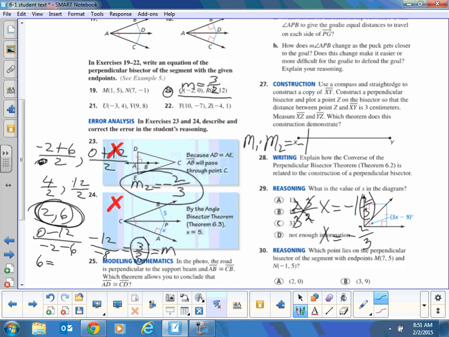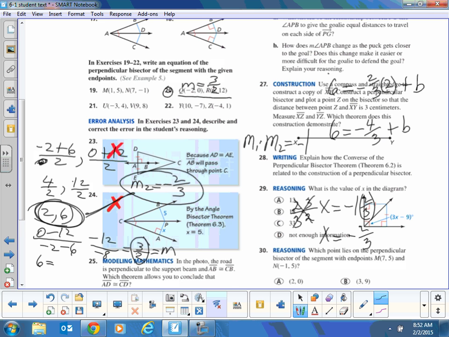Y, which is 6, equals m, which is negative 2/3, times x, which is 2, plus b. 6 equals negative 4/3 plus b.